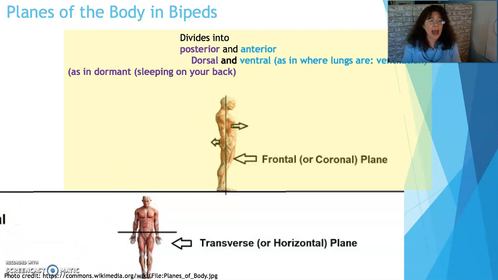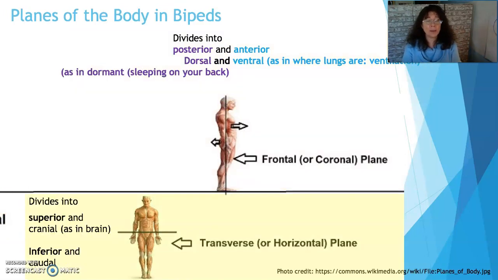Let's keep going, and we are going to talk about our horizontal plane. Our horizontal plane is sometimes called the horizontal plane, but not among scientists. It's called the transverse plane. Remember, trans as in across as in transportation, moving things from one port across to another port, transportation.